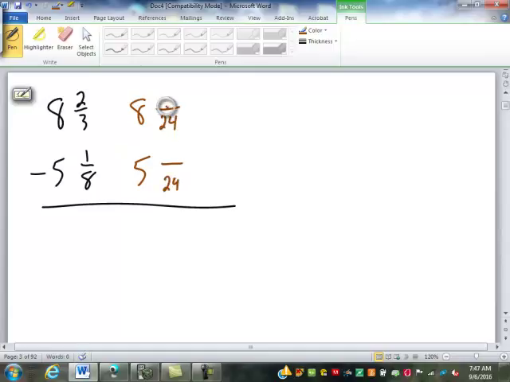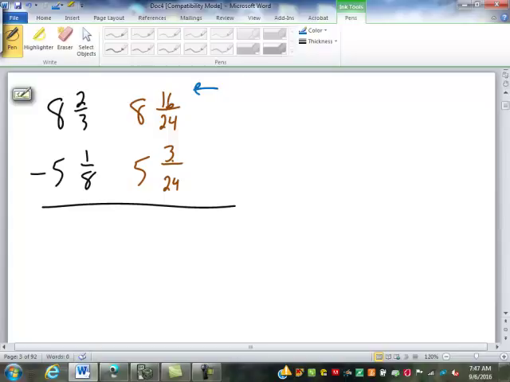What's going to go up here? 16, and down here? 3. Good. Now we still start at the right and work our way back to the left. We're just subtracting now as we go.